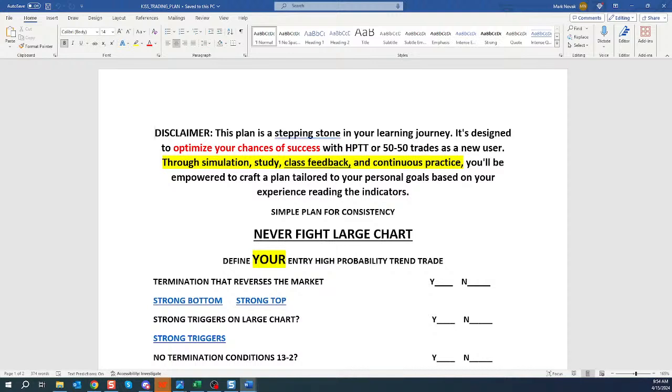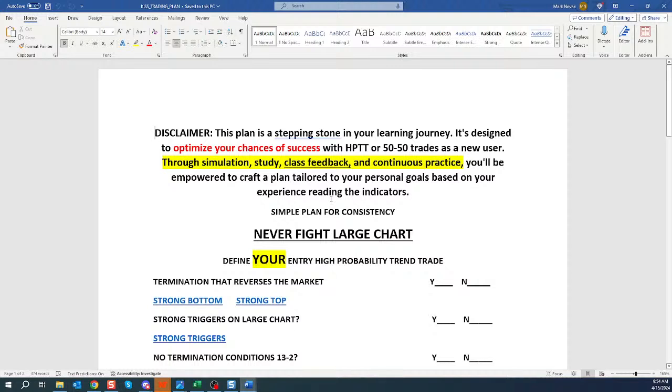This one keeps you harnessed to the high probability trend trade initially, but through simulation, study, class feedback, and continuous practice, you're going to create a plan that suits your needs, ladies and gentlemen. You're going to create a plan that revolves around your ability to read the indicators. But until you have those abilities, and it takes a little bit, give yourself a little grace. You're new. This KISS plan optimizes your chances of success.